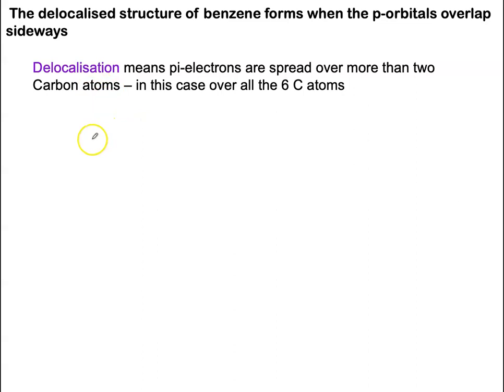So very quickly, let's draw benzene. That's benzene. And if we go back to the formation of a double bond, we know carbon has an electronic configuration of 1s2, 2s2, 2p2.